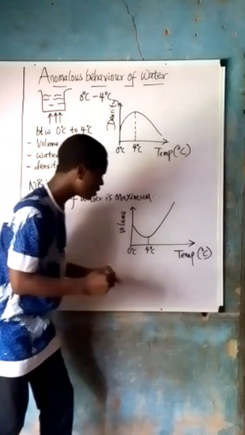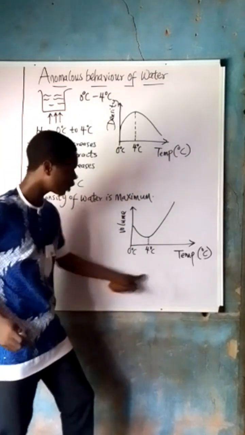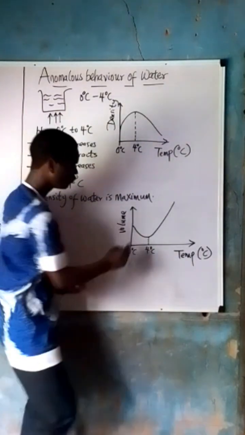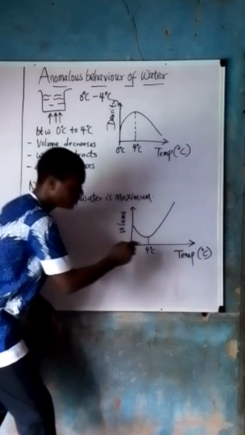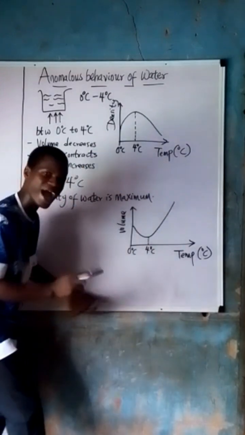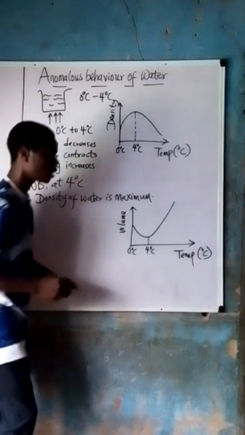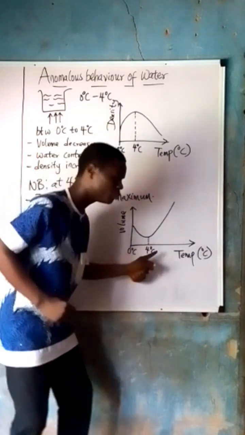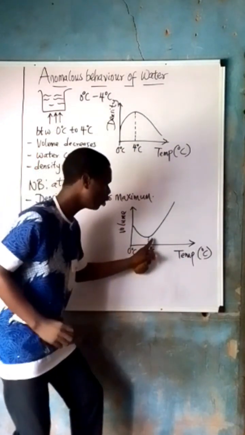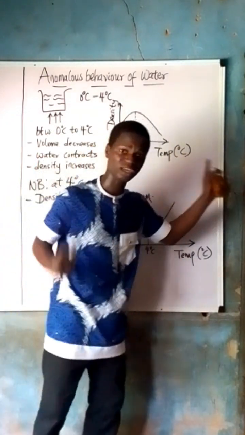So what can we say about this very graph? As the temperature was increased, the volume first of all decreased. Are you seeing that? At 4 degrees Celsius, water attained its minimum or least volume. Beyond that temperature, the volume of water starts increasing again. Are you seeing that?